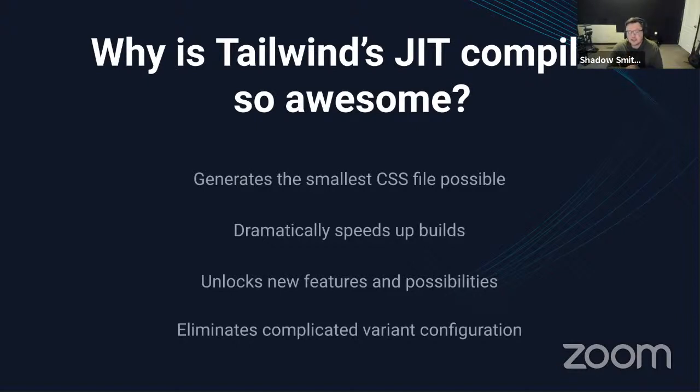Another thing too is it eliminates complicated variant configuration. This is a decently complicated topic that I won't dive too deep into the weeds on in this talk, but I will demo some of this later on. But long story short, whenever you add things to your tailwind.config.js file for your design system, Tailwind out of the box can't support every pseudo selector like hover, active, disabled, those types of states without Tailwind's JIT compiler, because in development, those variants bloat the CSS file astronomically.